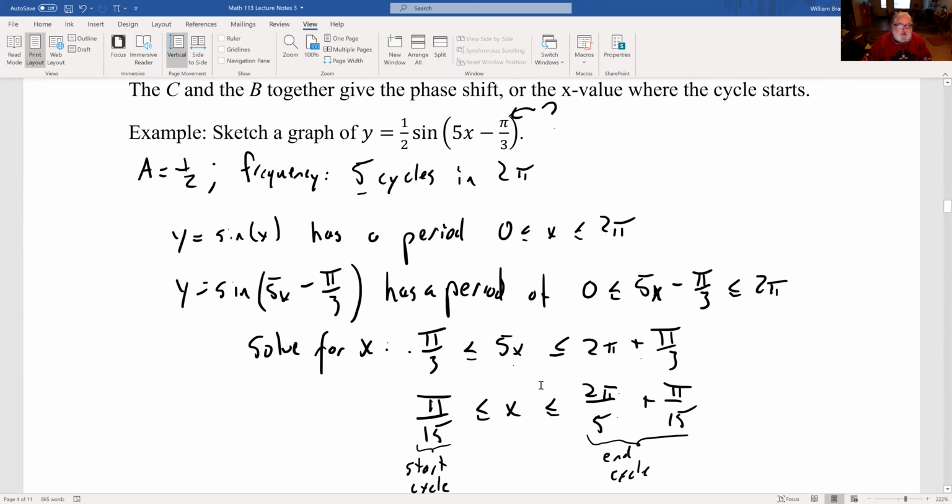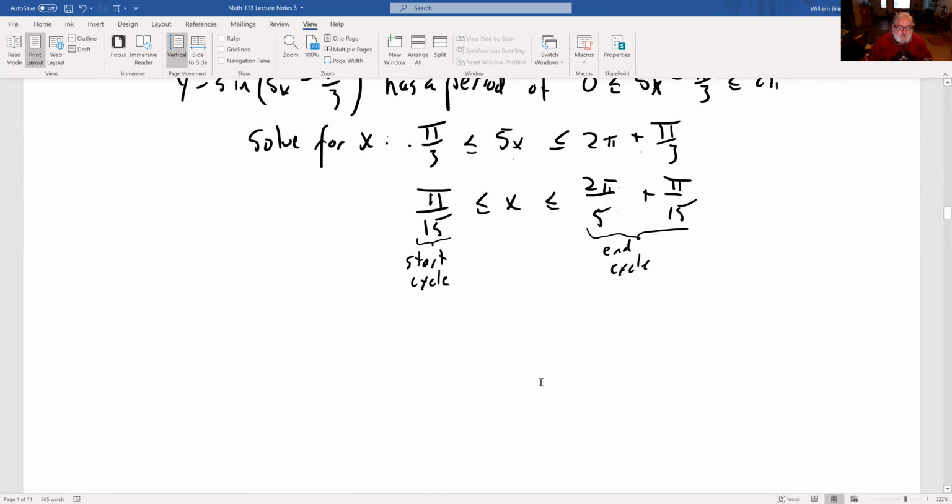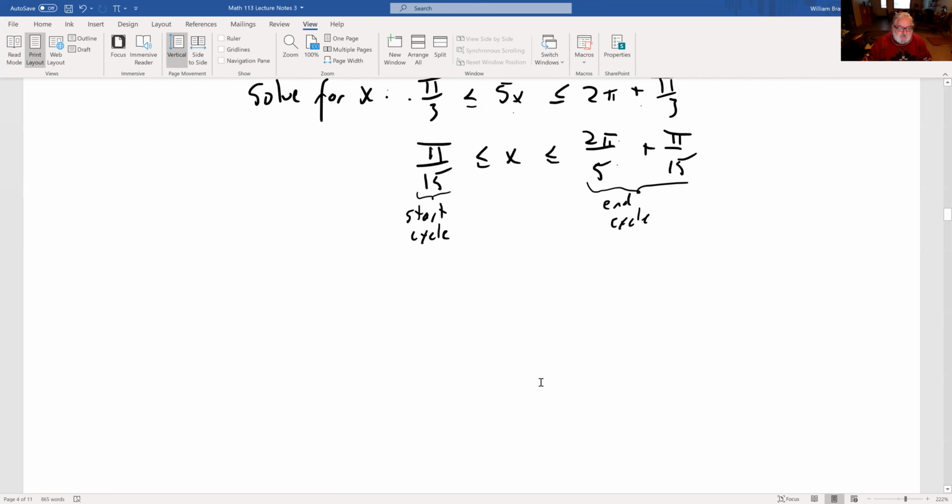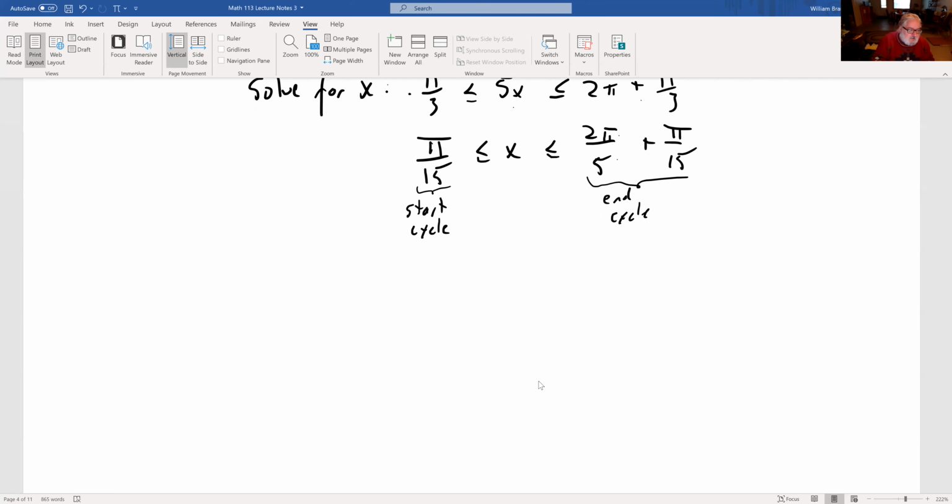And our amplitude is 1/2. So what is the graph of this going to look like? This is 1/2 sine of 5x minus pi over 3. And we have this information here about our cycle.